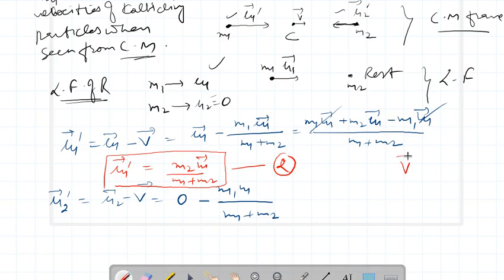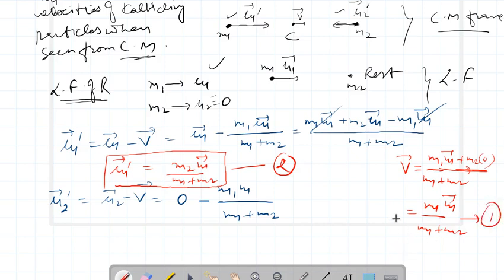The value which I have written here, that v is equal to m1 u1 over m1 plus m2, because m2's velocity is 0, let me call this equation number 1.